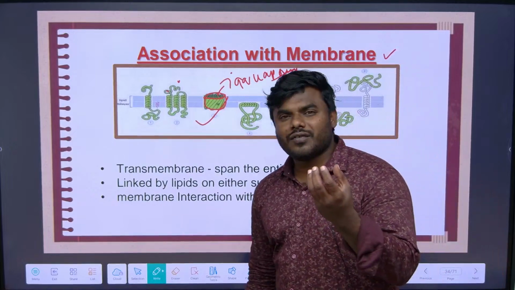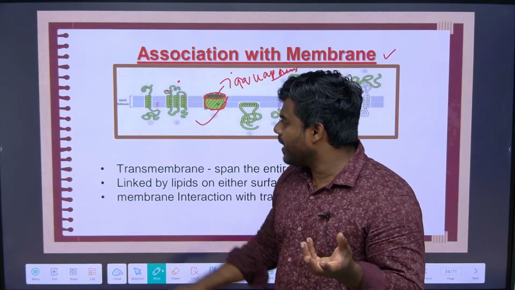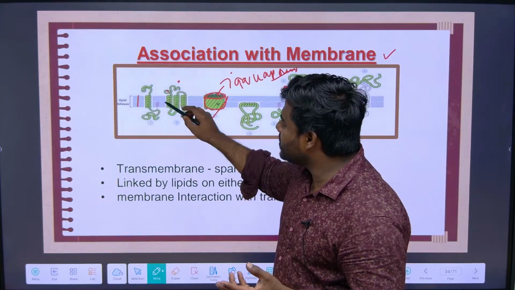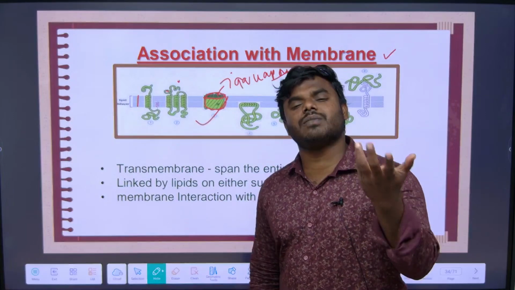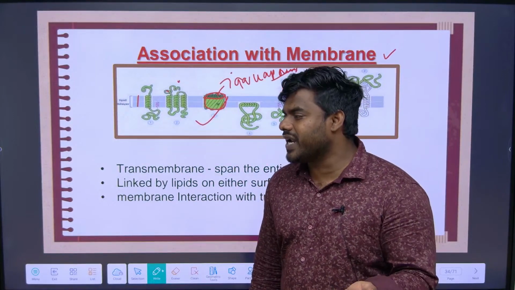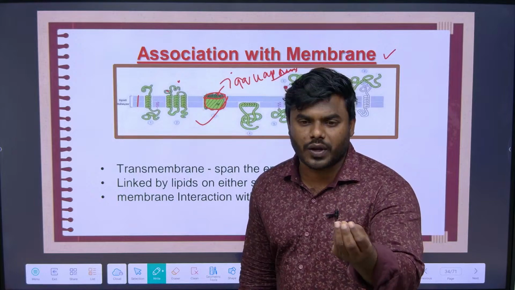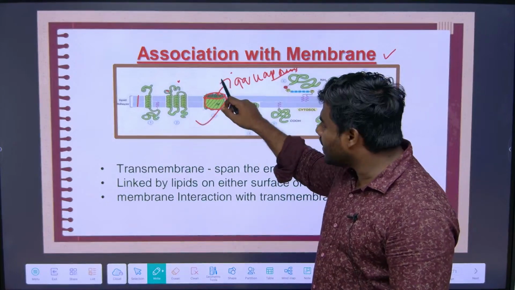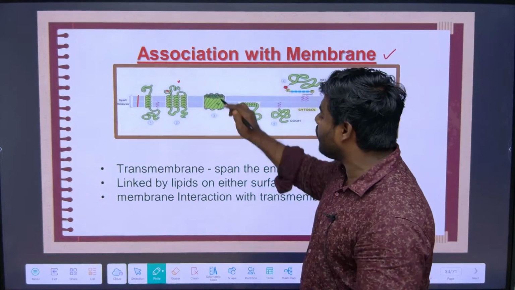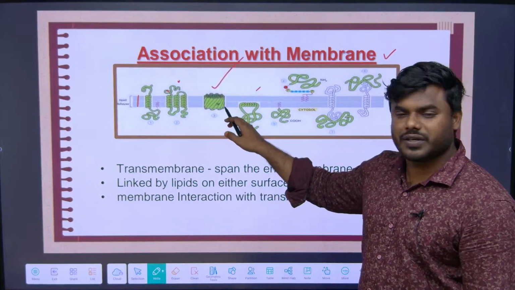So whatever proteins are present on the membrane, sometimes they transpan the membrane one time, sometimes 3 times, sometimes 7 times, sometimes 10 times, depending on the protein. Sometimes all the proteins come close together and form a channel-like structure.